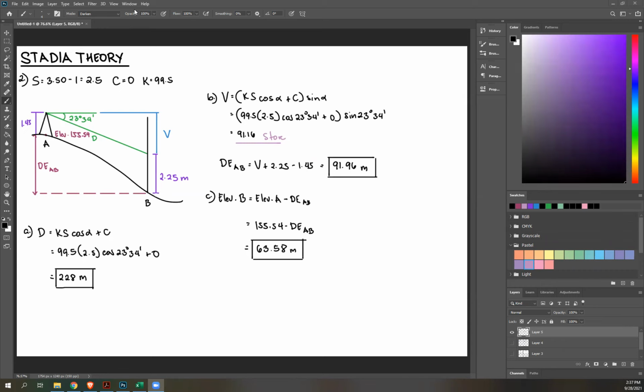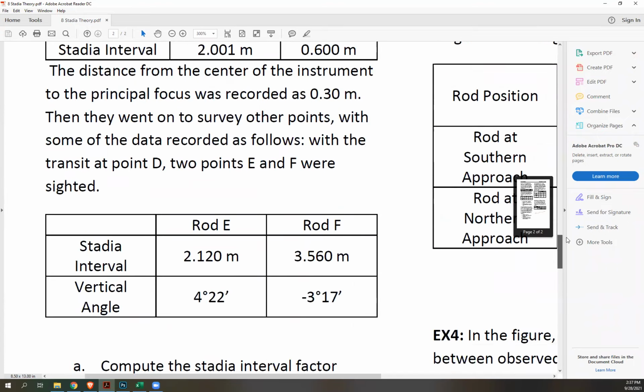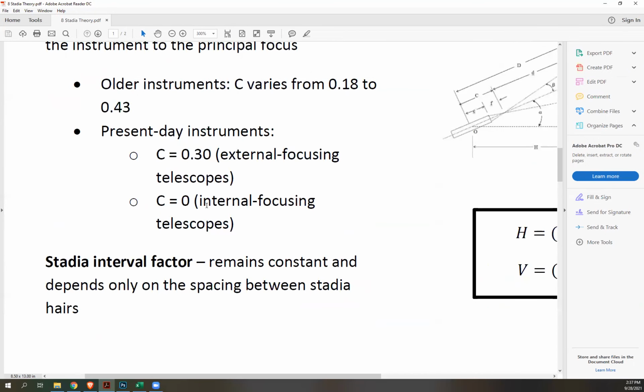Okay. How did C equal 0, the Stadia constant? Okay, so looking here, transit with an internal focusing telescope. And then looking at our lecture, for an internal focusing telescope, the Stadia constant is 0.